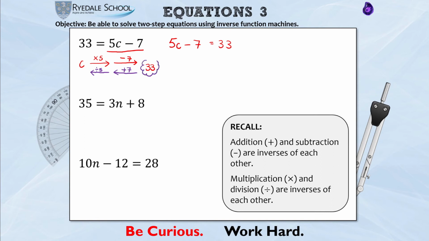So 33 add 7 is 40, divided by 5. 40 divided by 5, well, there are 8 5s in 40. So this tells us that c must equal 8.